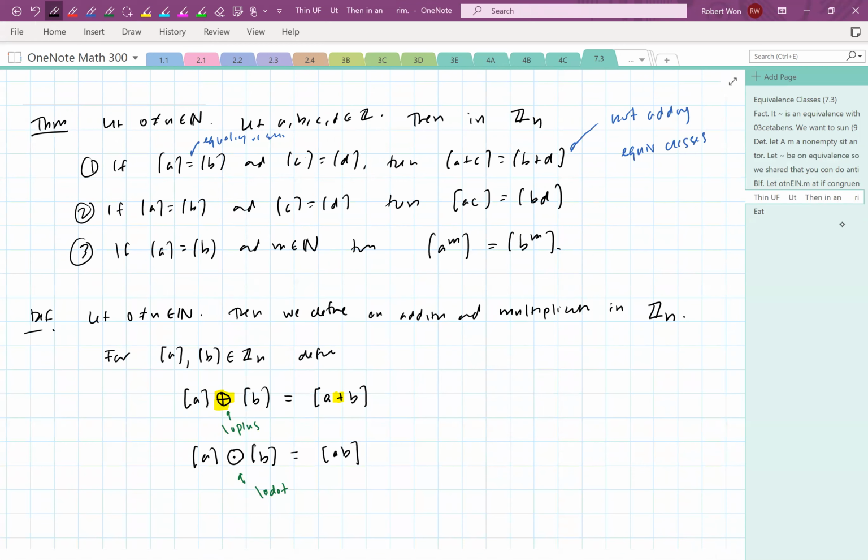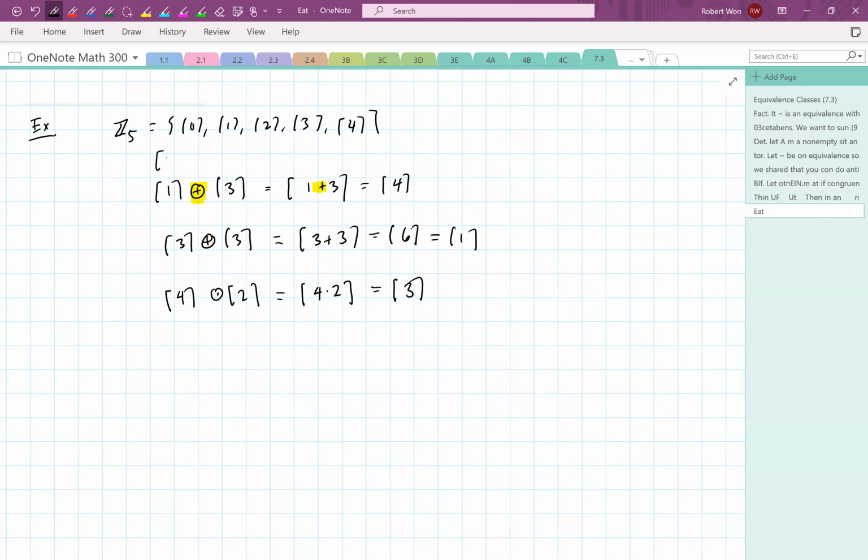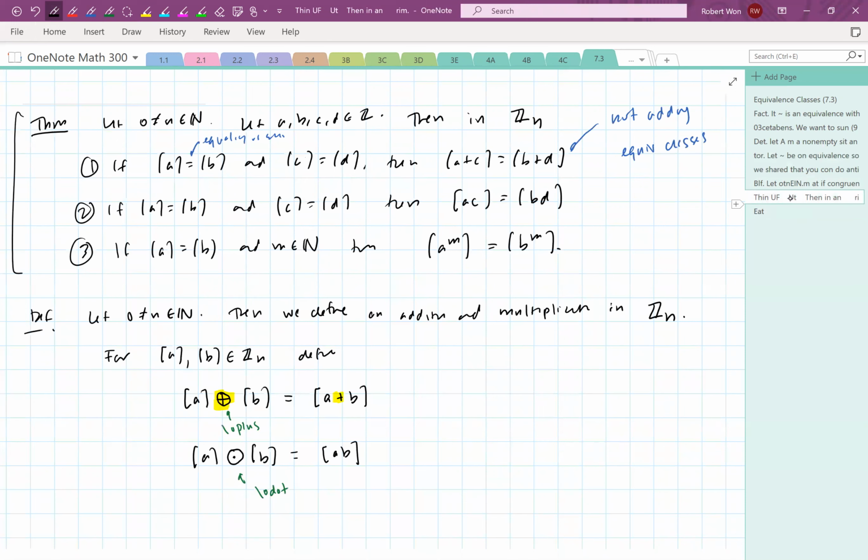We need this theorem in order to make sure that this definition makes sense, because if I didn't know that theorem, then if I took a different name for this equivalence class, oh, well, I could call this equivalence class of 6, and if I add it to the equivalence class of 3, it seems like I could get a different answer. So it wouldn't be a well-defined addition, but it turns out that you do get the same answer because these two are the same equivalence class because of this theorem.